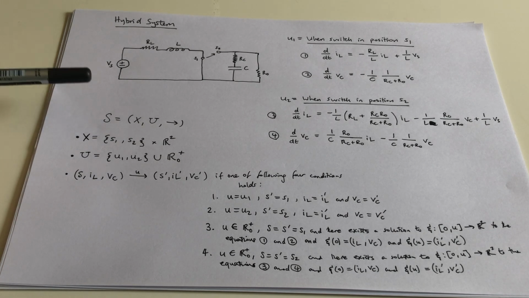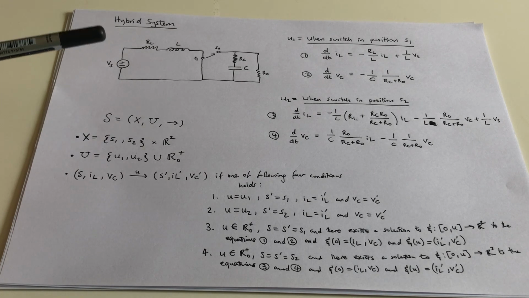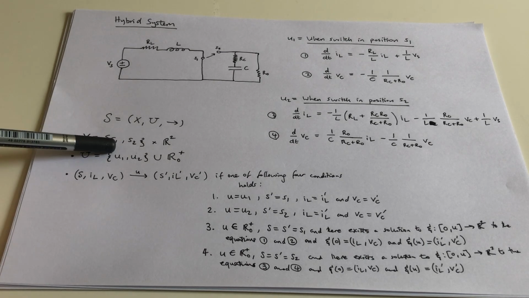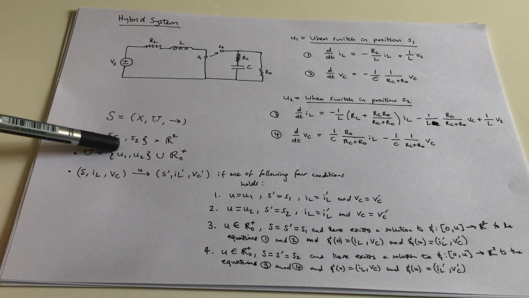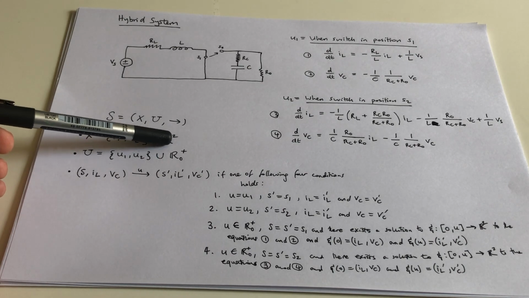So we have the system, and it has a set of states x, a set of inputs u, and some transition map. So our set of states x are now the discrete parts, so S1 and S2 representing the position of our switch, and then also 2 parts which are in the set of reals.